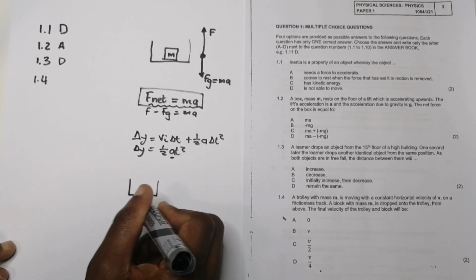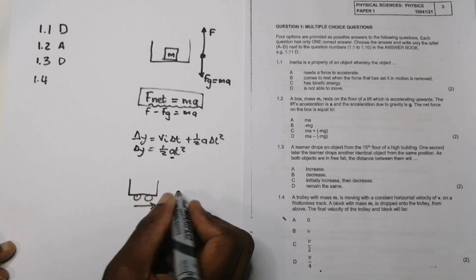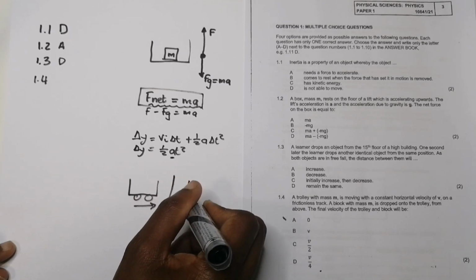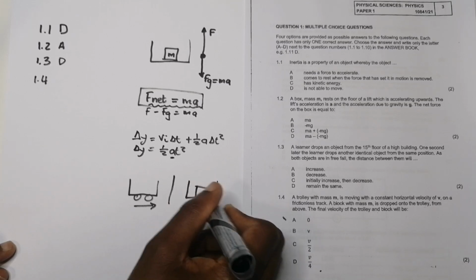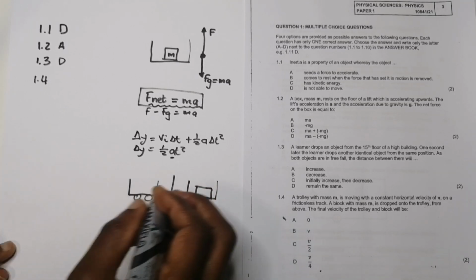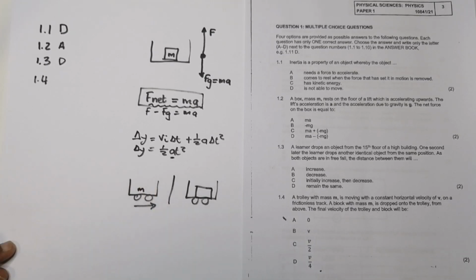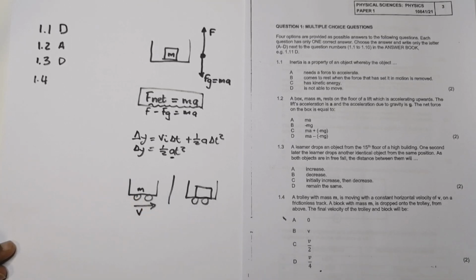It was initially moving on its own. Let's say it's moving that direction, and then afterwards we drop an object onto the trolley. There's our object over there. Remember the mass of the trolley was mass m, and it was also moving at v, right?